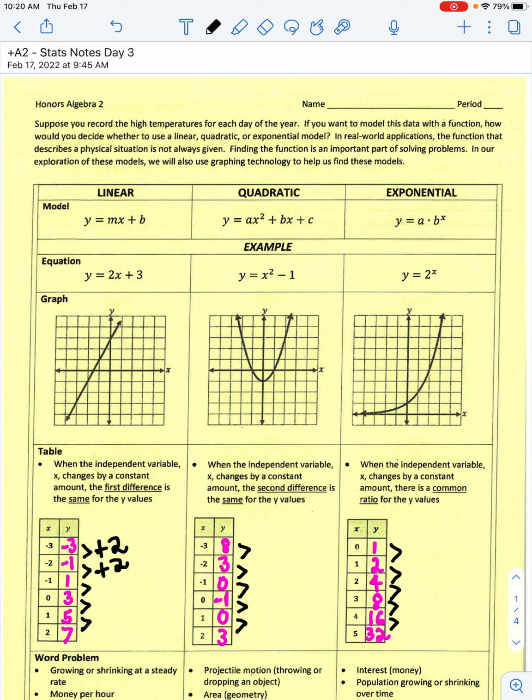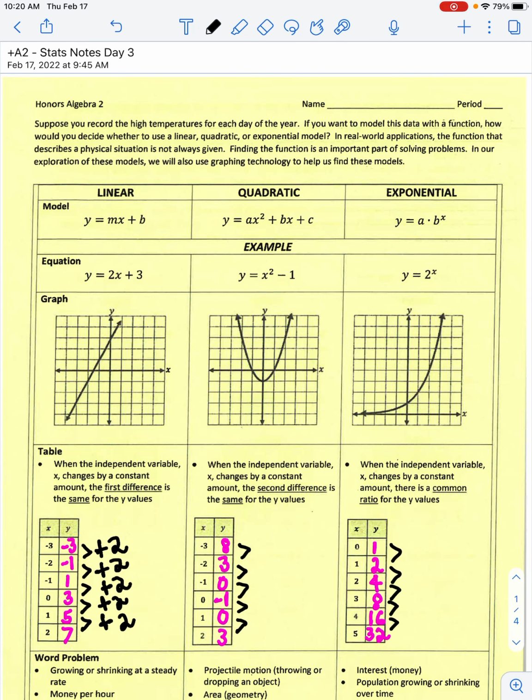Again, if you weren't sure, you could subtract the first value from the second. Of course, 1 to 3, 3 minus 1 is positive 2. 5 minus 3 is positive 2. And 7 minus 5 is positive 2. And that's the pattern you're going to see with the first differences in a linear table where the x values are changing by a constant amount. So that's how the table can indicate to you a linear model.